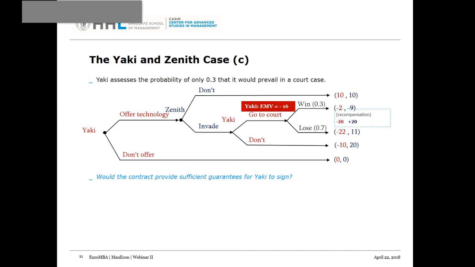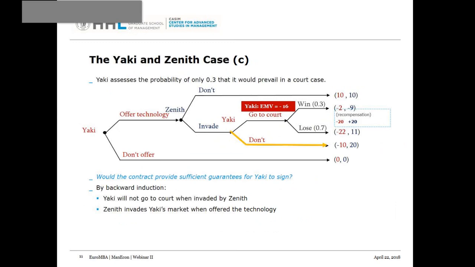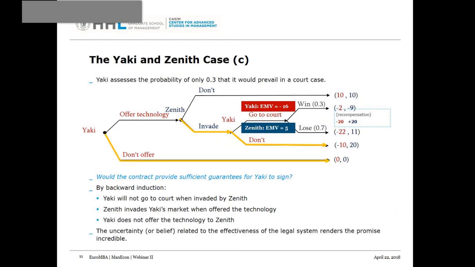It's -16. It compares it to not going to court, which is -10. So in this case, it's better not to go to court. And knowing this, Zenit would invade the market. If Yaki offers the technology and predicts that this will happen, they would not offer the technology, because they would lose. If they don't offer, they lose nothing, but they win nothing.